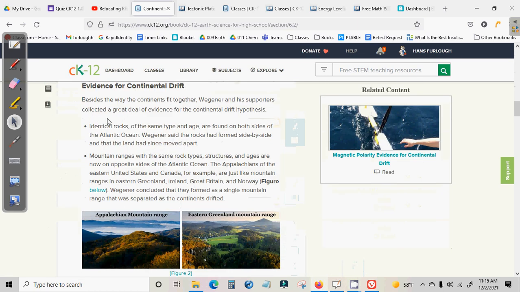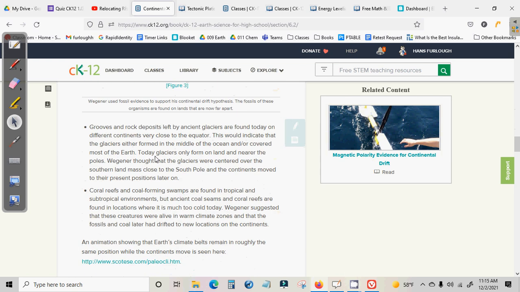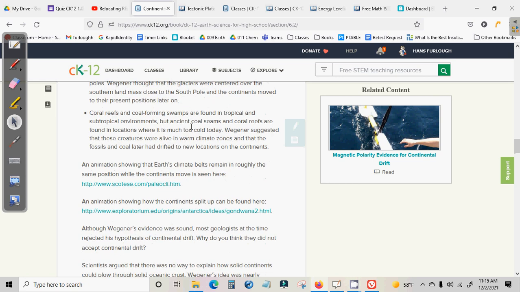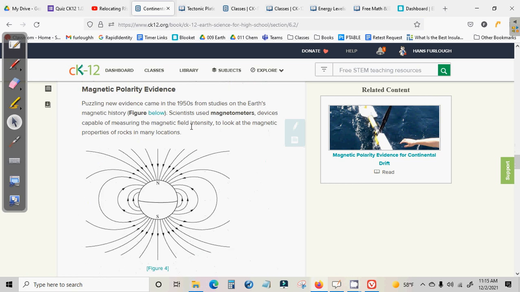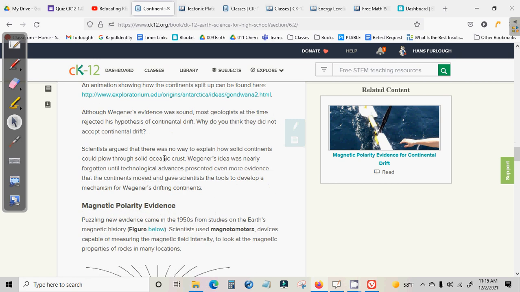And we have rock evidence, fossil evidence, glacial evidence, coral reefs and coal forming swamps. All right, all that fossil evidence and ancient evidence is evidence of continental drift.